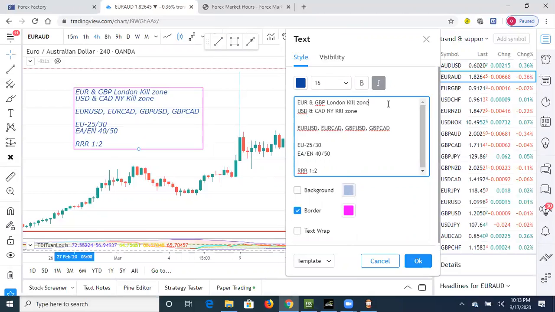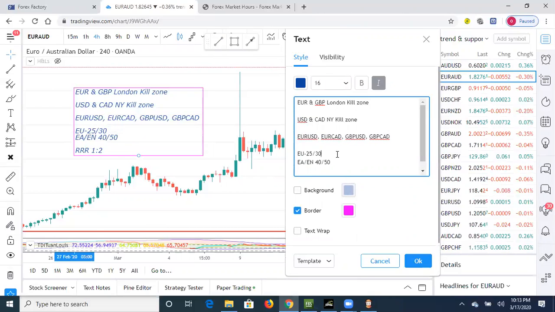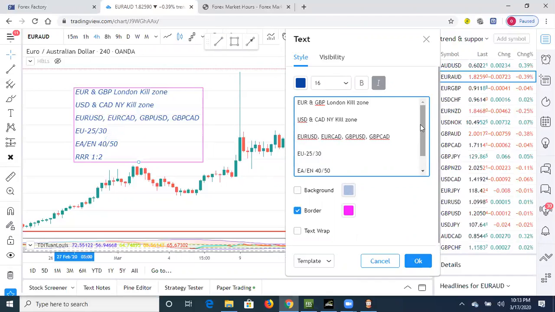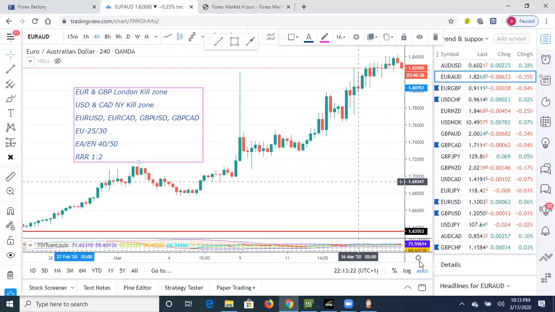Remember, I'm no financial expert. I'm not a Forex guru. I just found a system that works for me and makes me profitable consistently. You could develop your own strategy, your own style. But these are just some observations from the market, right?